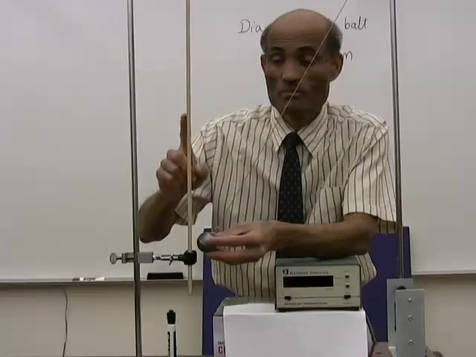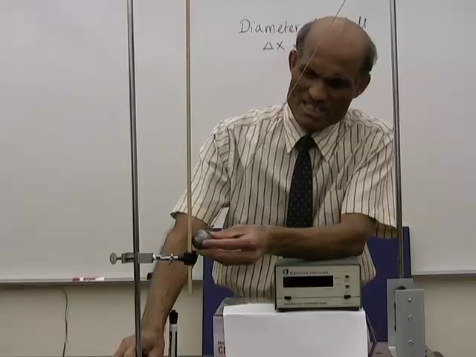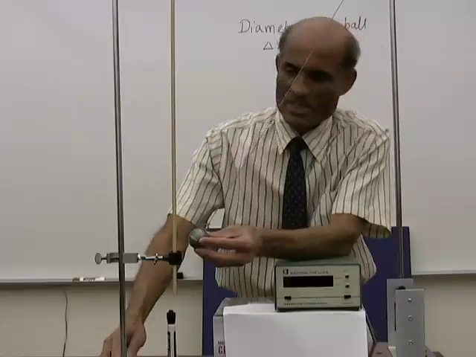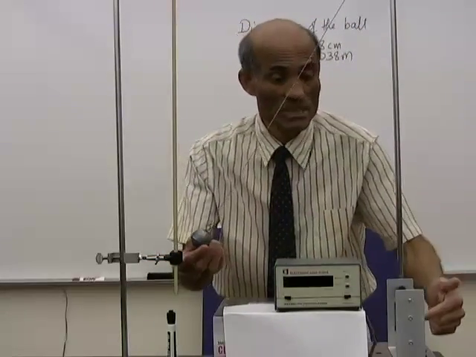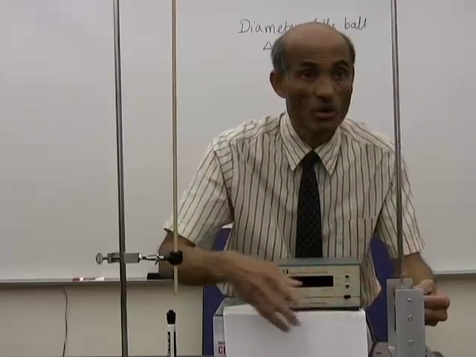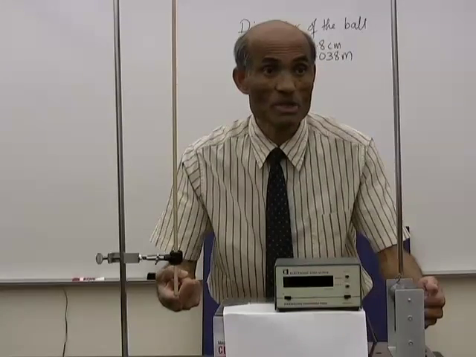Now you can see I have arranged a ruler here, and now the height of the ball is 10 centimeters from its initial position. If you watch my meter rule here, this is the 0 of the meter rule.